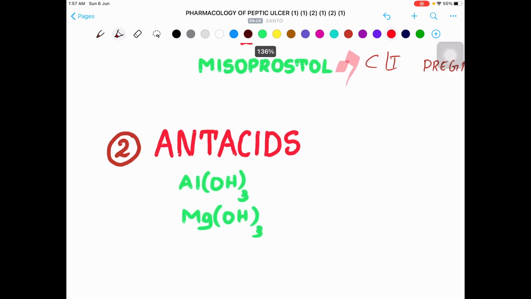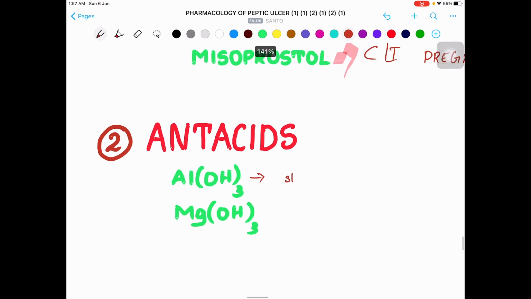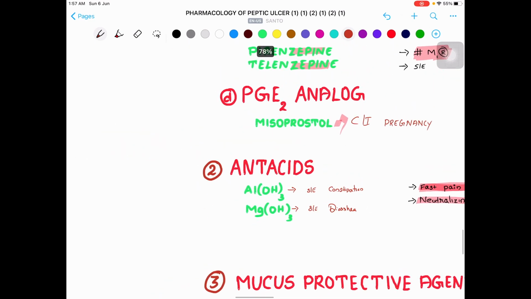We have aluminum salts and magnesium salts: aluminum hydroxide and magnesium hydroxide. Aluminum hydroxide has the side effect of constipation. Magnesium hydroxide has the side effect of diarrhea. So usually aluminum hydroxide and magnesium hydroxide are combined together.